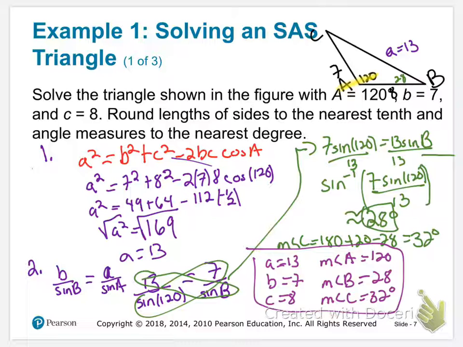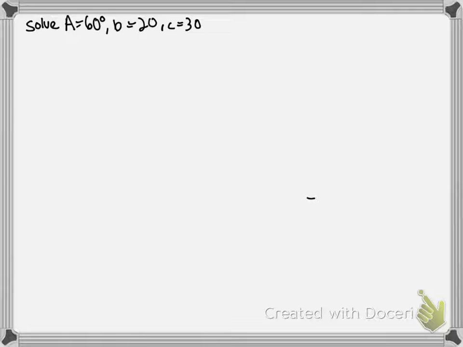We're going to do one more example, and then that will be it for today. So you have solved the triangle with angle A equals 60 degrees, B equals 20, C equals 30. Again, I don't really know what this triangle is exactly going to look like, but just for the sake of drawing something, I'm going to put this as 60.